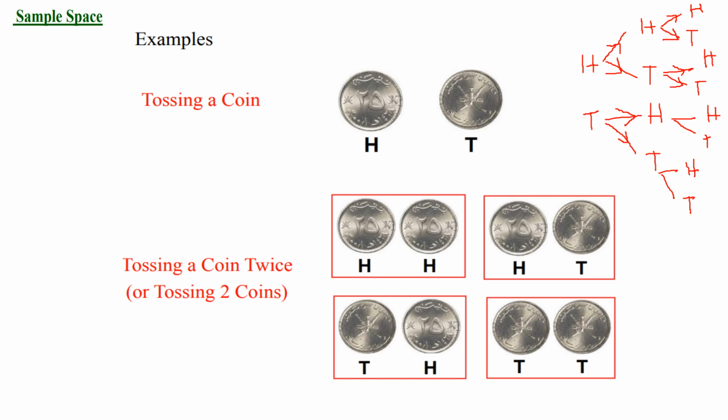Then you can start with tail: tail, head, head; tail, head, tail; tail, tail, head; and tail, tail, tail. So these are the possible outcomes, and to find the outcomes of an experiment we can use this diagram, called a tree diagram.